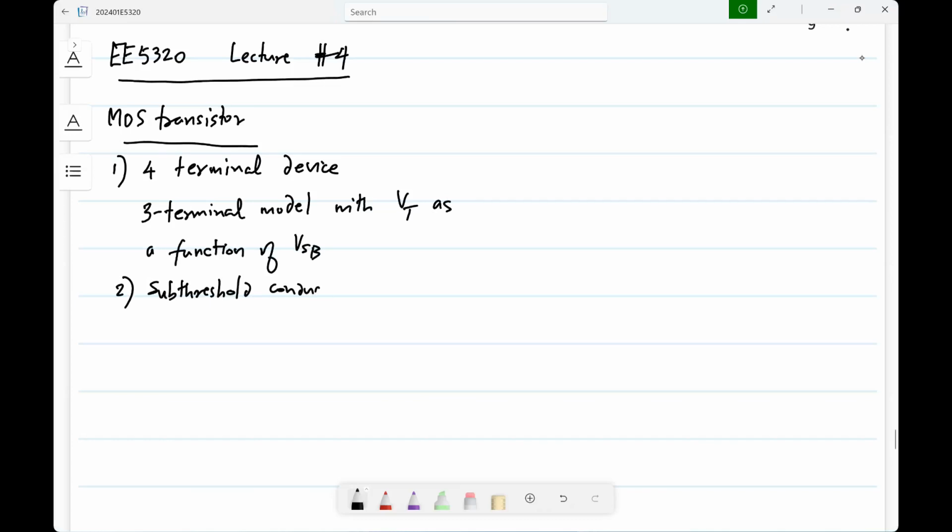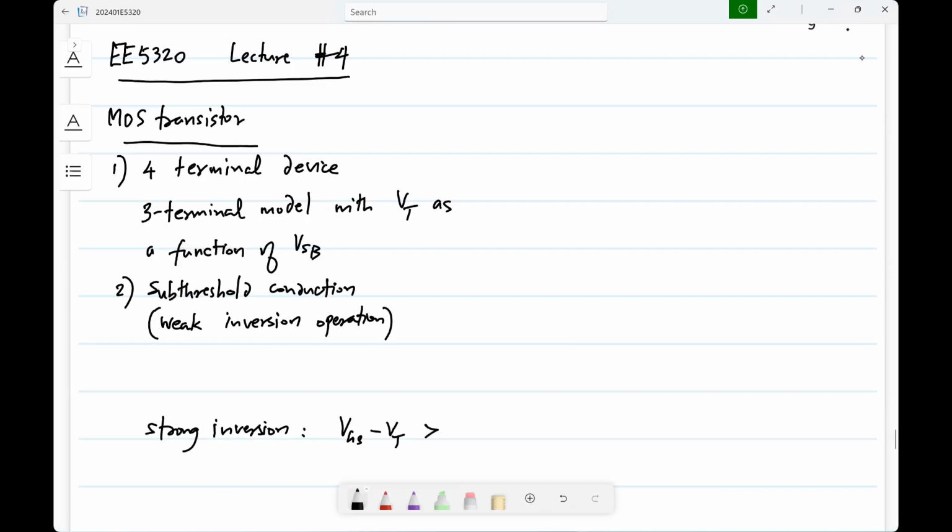And the second thing is this sub-threshold conduction, or weak inversion operation. Now, strong inversion, which is where this square law is expected to hold, is when VGS minus VT is greater than about 6 times the thermal voltage.